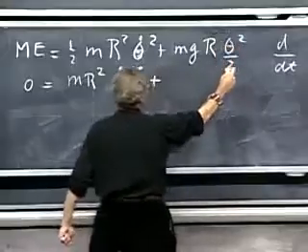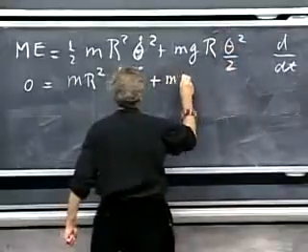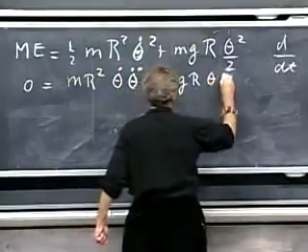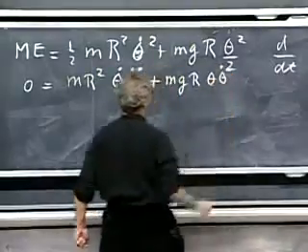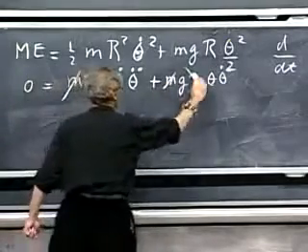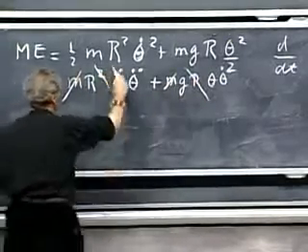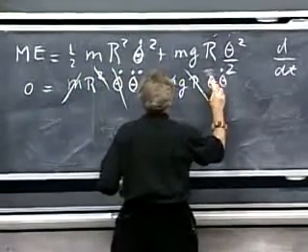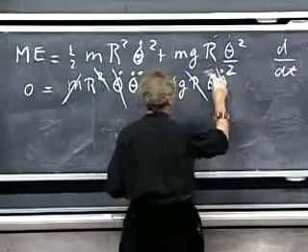The 2 flips out, which eats up this 2. So I get mgr, and then I get a theta, but the chain rule gives me a theta dot. I lose my m. I lose 1r. I picked the wrong one. I lose my theta dot, not the theta.